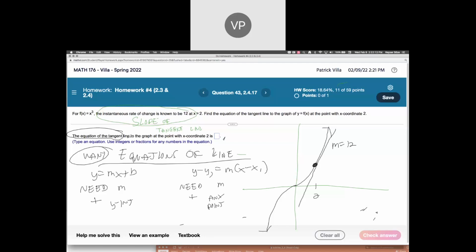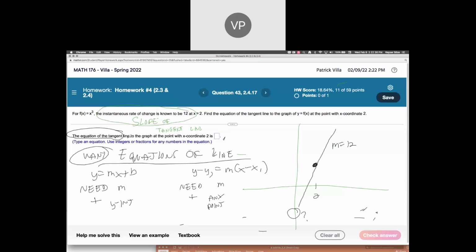Now keep in mind, these are points on the line, and the slope-intercept form is of the line, not of the function. I'm not talking about this. This is not the y-intercept. It's the y-intercept down here of the equation of the line. So right now, all I'm focusing on is this line. This is all that matters. I need to find the equation of this line.